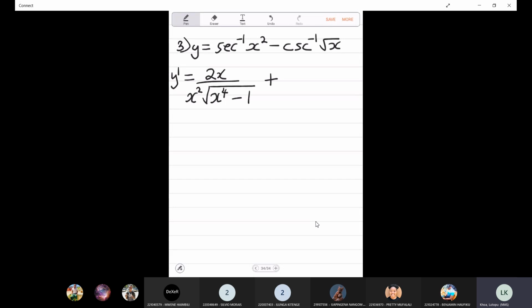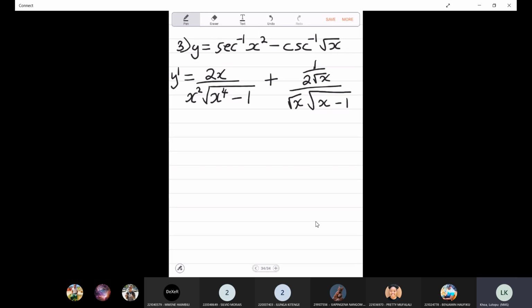And in the numerator, I have the derivative of square root of x, which is 1 over 2 square root of x. And then in the denominator, you multiply the function, and then the square root of the function squared. That's square root of x squared, which is just x, minus 1.